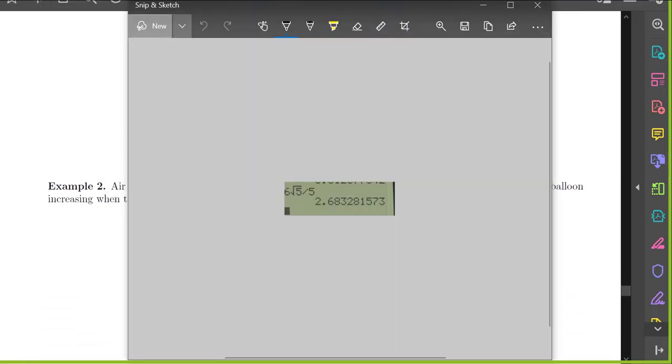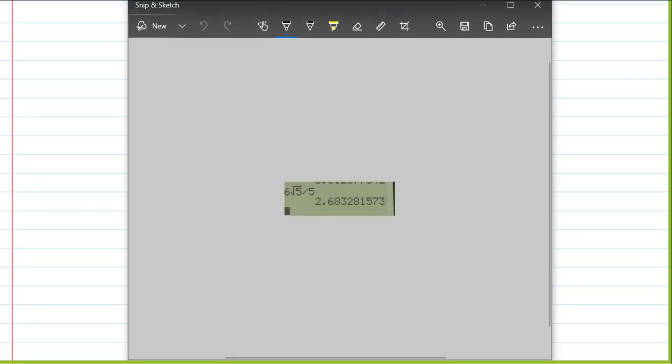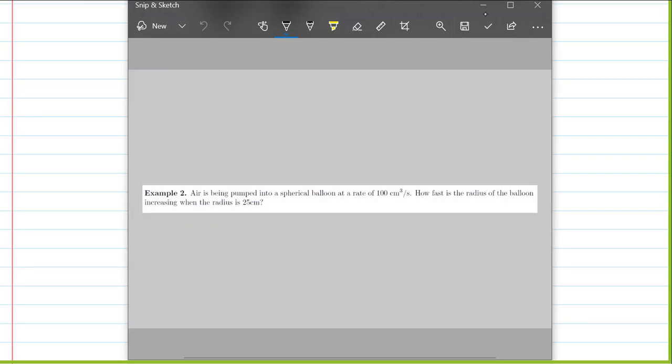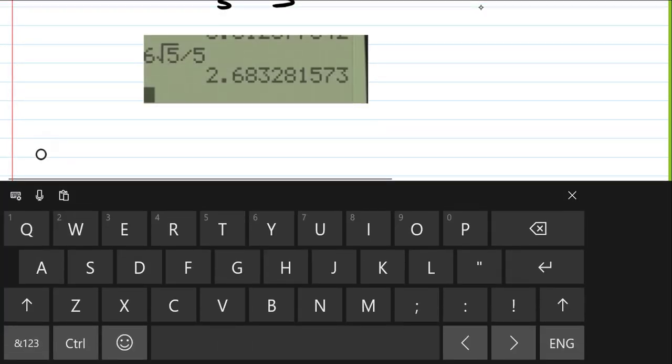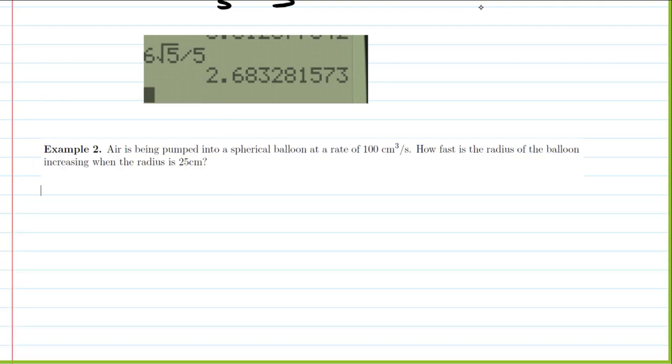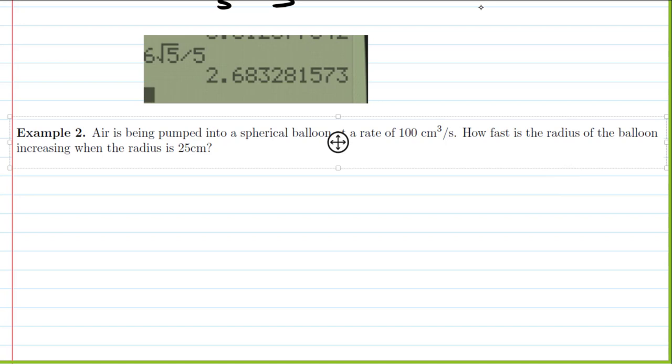So this one is an example of something that would not be physically possible for us to measure directly. Air is being pumped into a spherical balloon at a rate of 100 centimeters cubed per second.